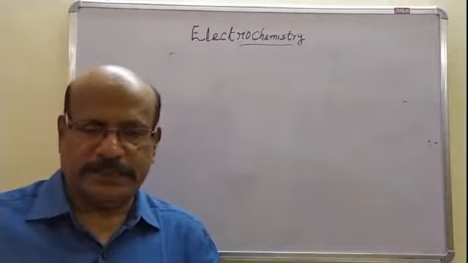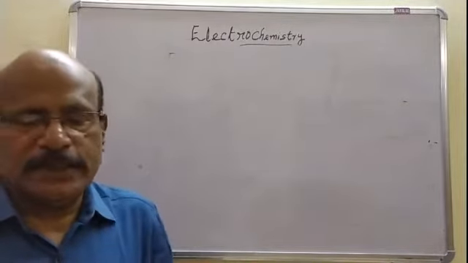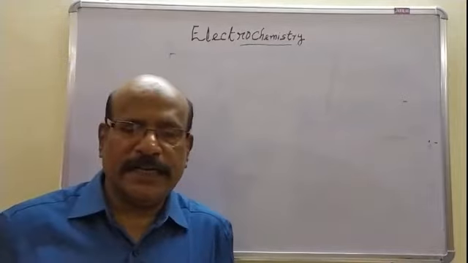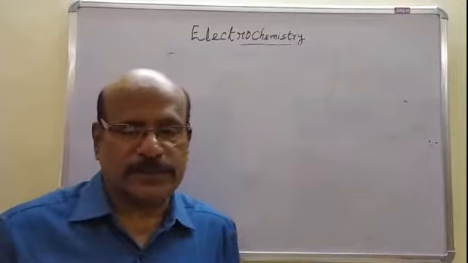That is, the degree of dissociation increases, and more and more ions are produced by the dissociation of the electrolyte. Therefore, the conductivity generally increases with the increase of dilution or decrease of concentration.